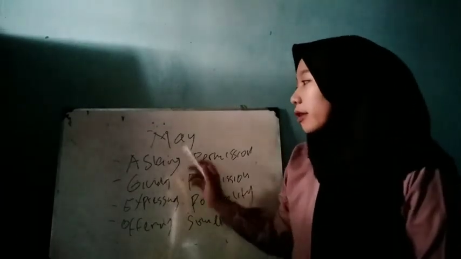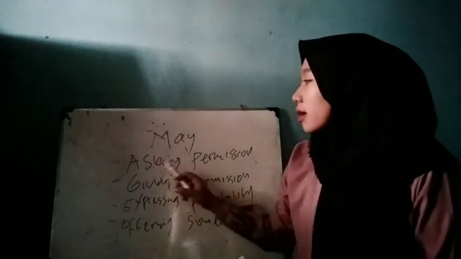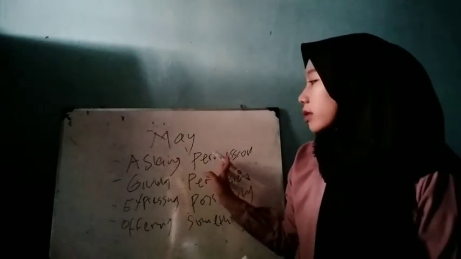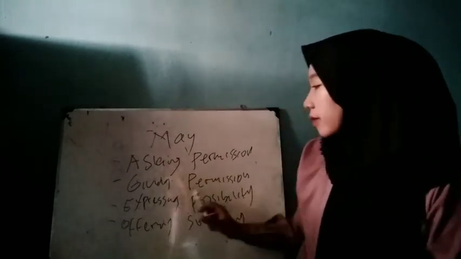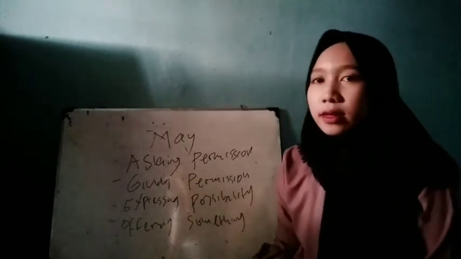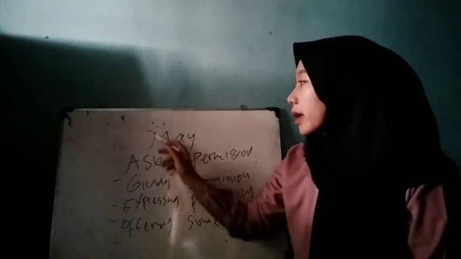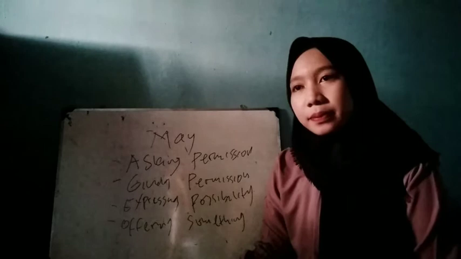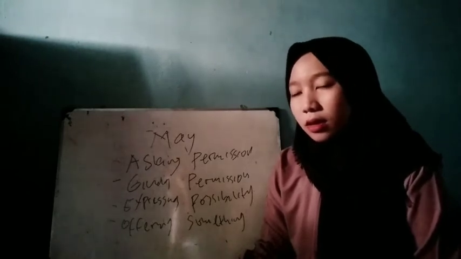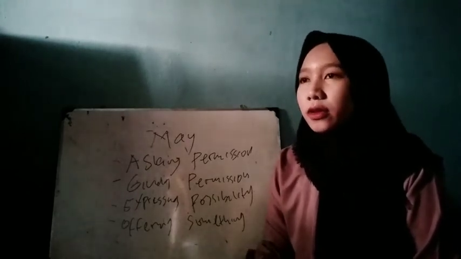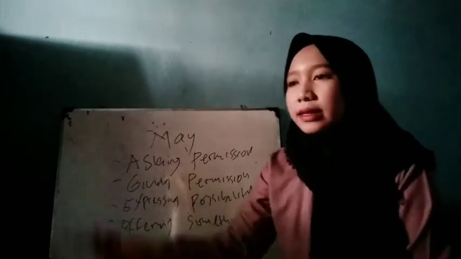So the functions of may are asking permission and also giving permission, expressing possibility, and also offering something. So how can you make an example of may for asking permission? Okay, if you don't know how to arrange the words, for example, you can say, may I sit here?